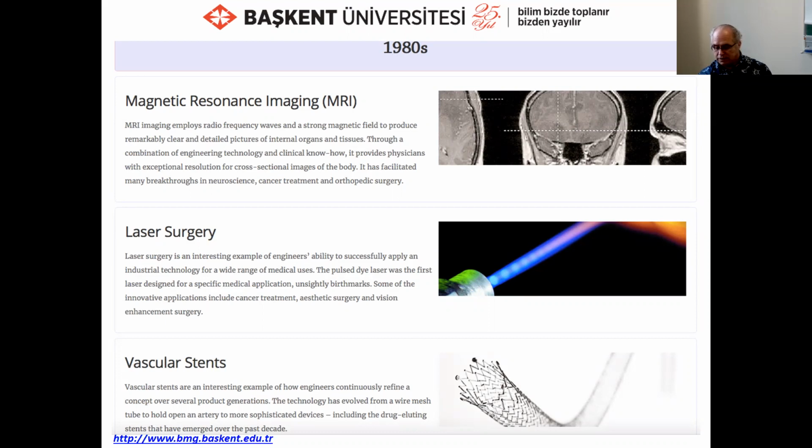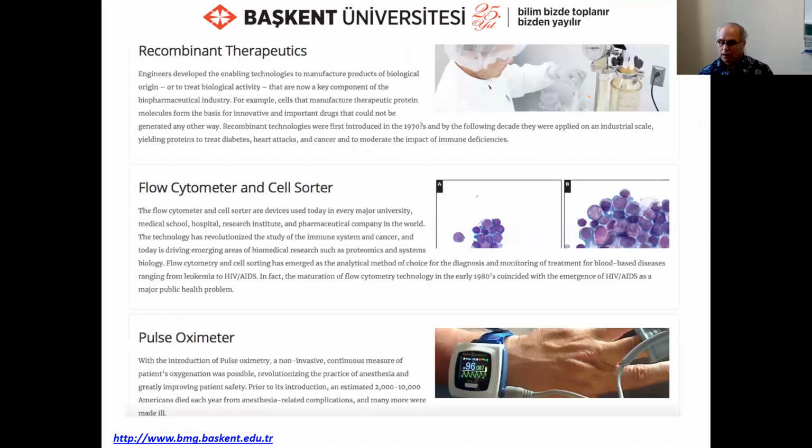The technology has evolved from a wire mesh tube to hold an artery to more sophisticated devices, including drug-eluting stents, which became available after that time. And the 80s is another important milestone both for biomedical engineering and also biotechnology, health biotechnology especially. This belongs to recombinant therapeutics.